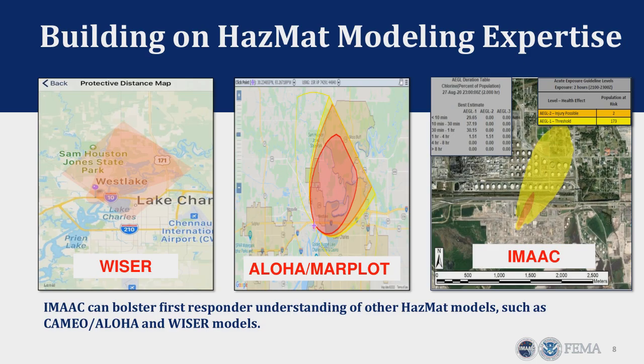CAMEO and ALOHA and MARPLOT are EPA tools, and pretty strong. CAMEO has a chemical database of over 6,000 chemicals and product trade names. Has a search engine, including information on fire and explosive hazards, health hazards, firefighting techniques, stuff like that.